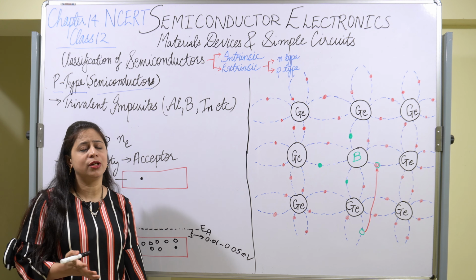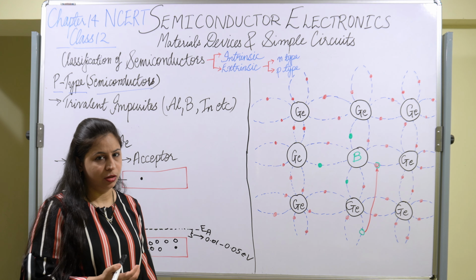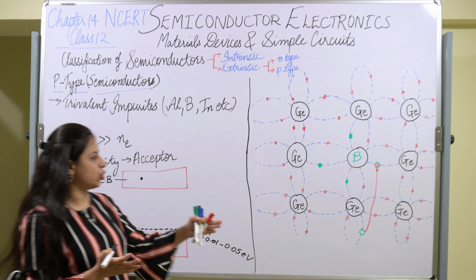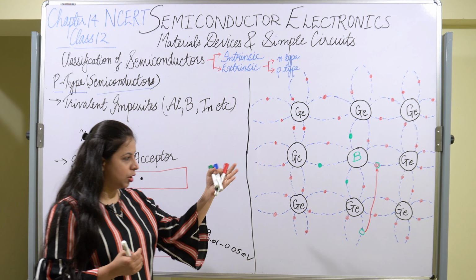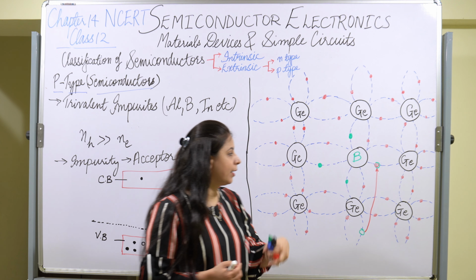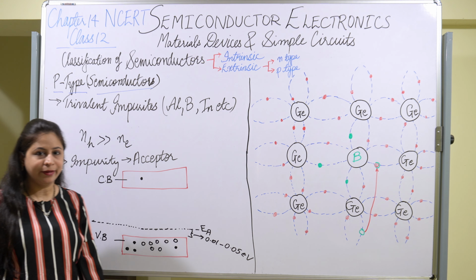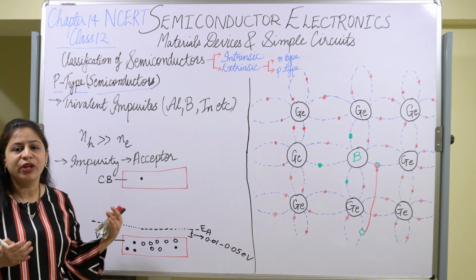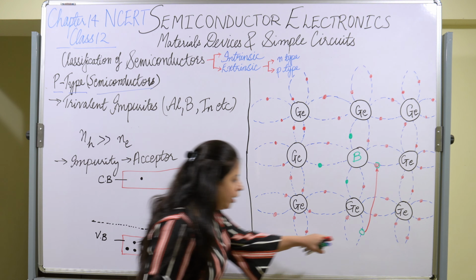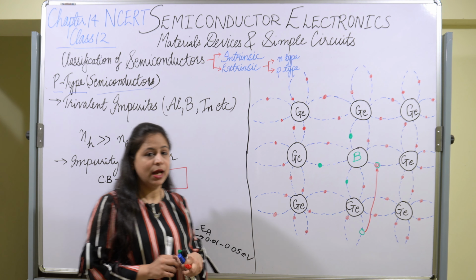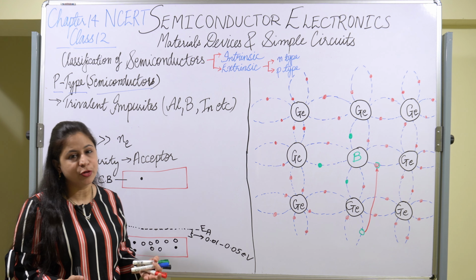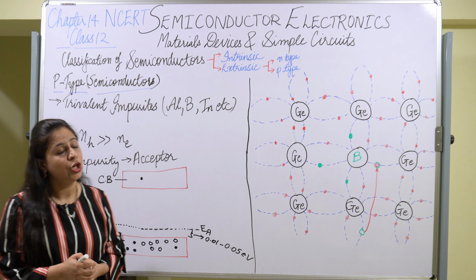So the whole conduction is mainly through the holes. The electron can jump to the vacancy of the acceptor impurity and create a hole in its place, so the hole majority is more.